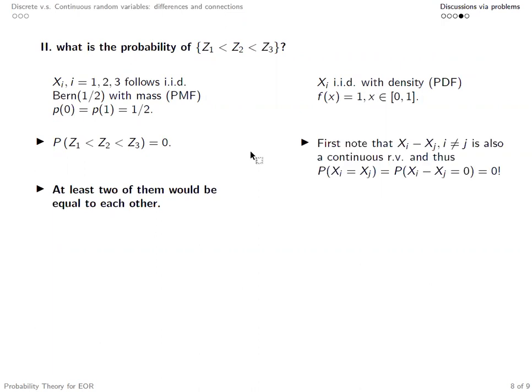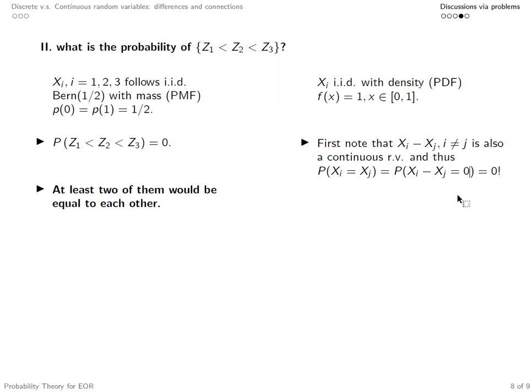First, note that they can never be equal to each other actually in this case. Because if we consider xi minus xj, as long as i not equal to j, it is again another continuous random variable, and the probability of these being equal to each other essentially means this new random variable, the difference between these two random variables, needs to be equal to 0.